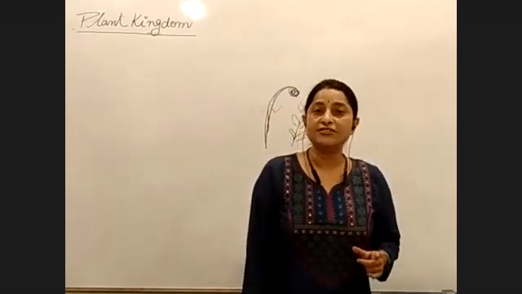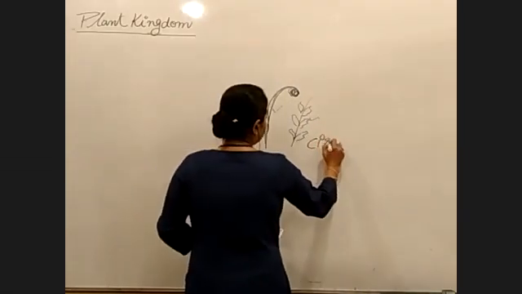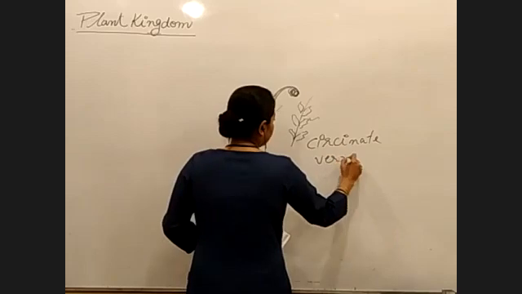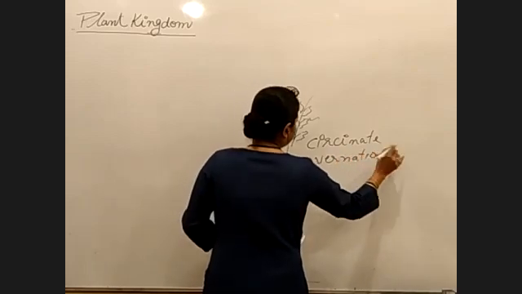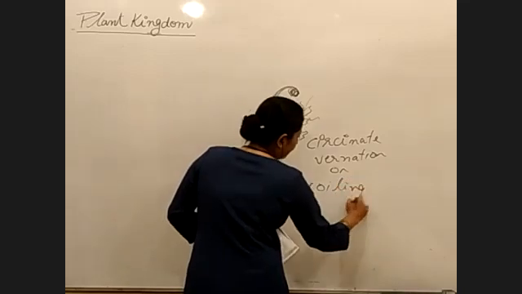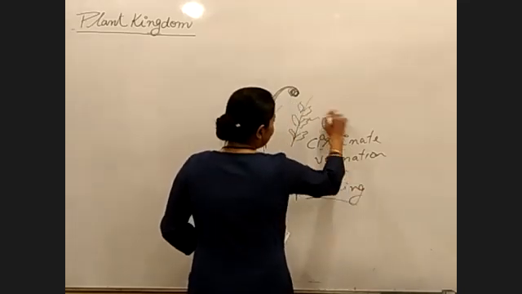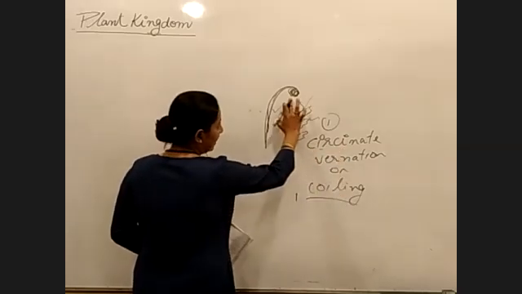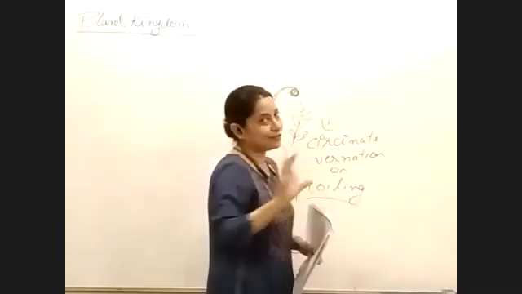And we have a specific term for that, called circinate vernation. So for an adult plant to be a fern, the first characteristic we will see is circinate vernation, the coiling of the young leaves.